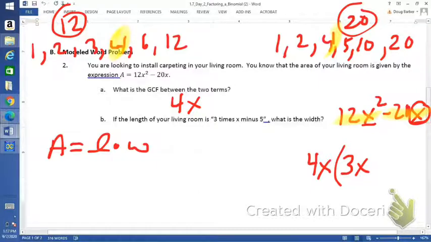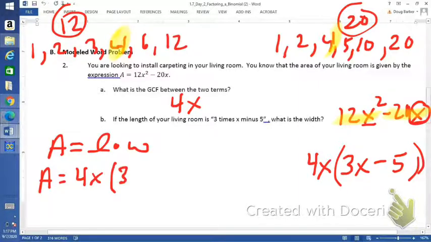Well, 4x times a negative 5 gives us a negative 20x. So our area equals 4x times 3x minus 5.